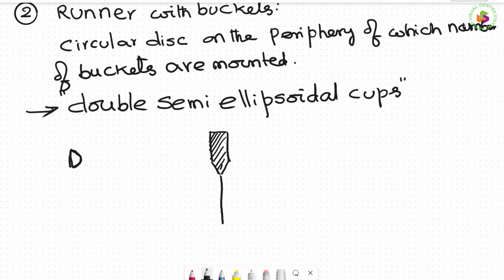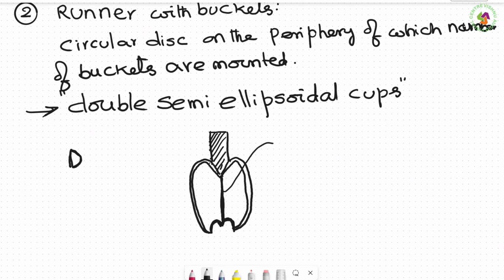From here, this is how it will be. One more line you can draw. After coming here, you can make it like this. It's a cut actually. So the total bucket is like this.